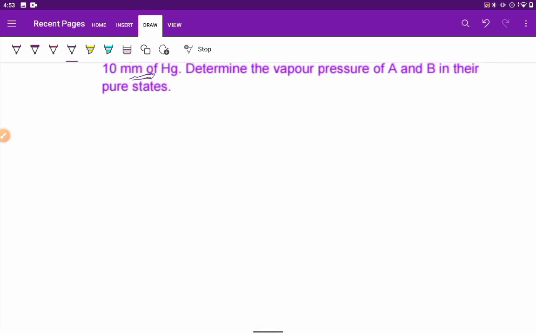Now see, let us say the vapor pressure of pure A is PA naught. For pure B, it is PB naught.